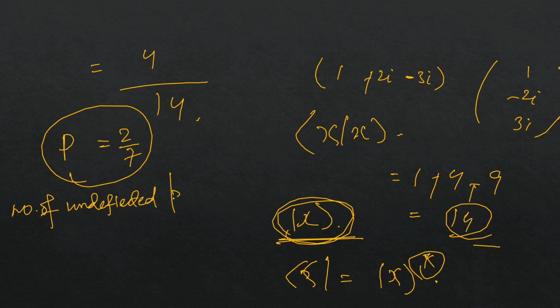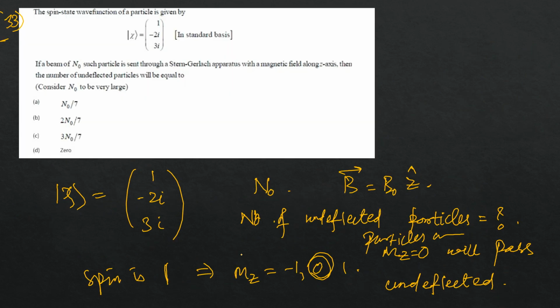I will simply multiply N naught into P, isn't it? So N naught into 2 by 7. All right, is it okay? So 2 N naught by 7.